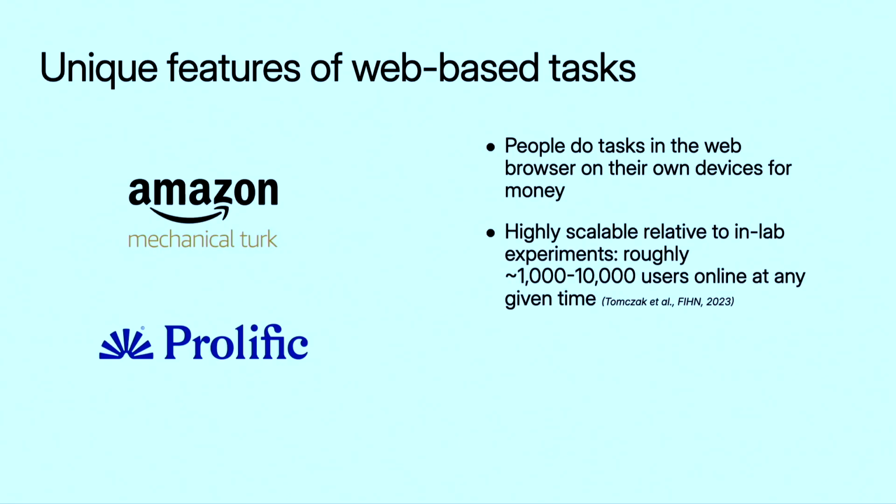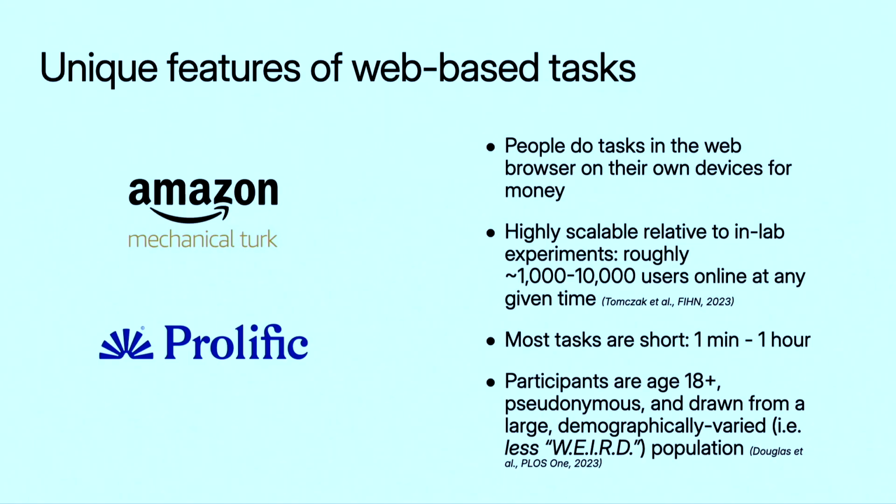They're also highly scalable. At any given time, there's going to be thousands of people on these platforms. And most tasks are short. Some tasks will last like 2 minutes, and others, on the longer end, are maybe an hour at most. Lastly, these are adult participants. There are other platforms like Children Helping Science here at MIT, which are focused on children, if you want to check that out.